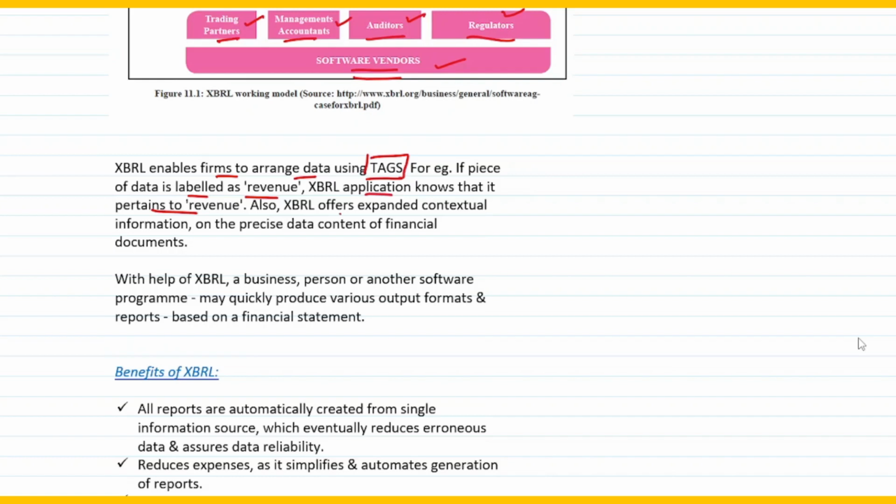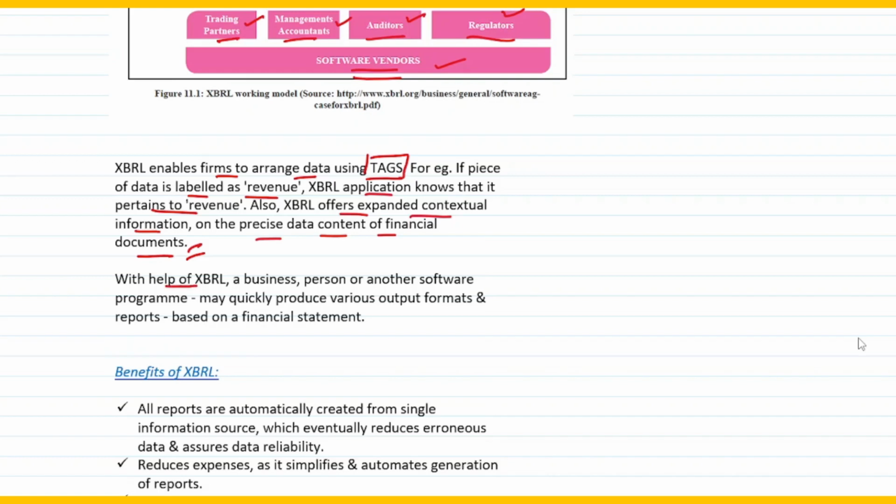Now also XBRL offers expanded contextual information on the precise data content of a financial document. It can give you more detailed information on the precise, to-the-point data content of a financial document. So basically it can help you know the nitty-gritties of any financial data that you require, and XBRL can be a very useful tool with respect to that.